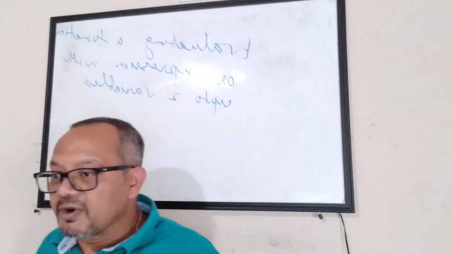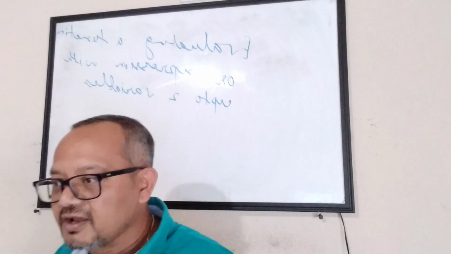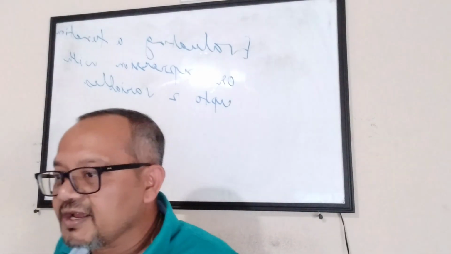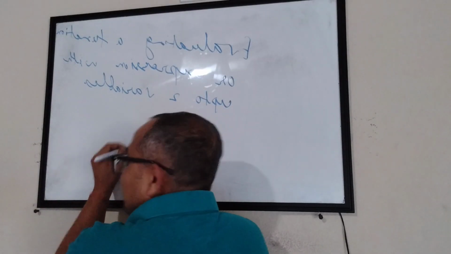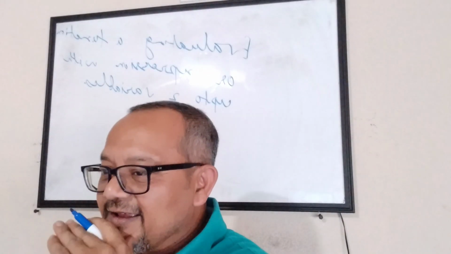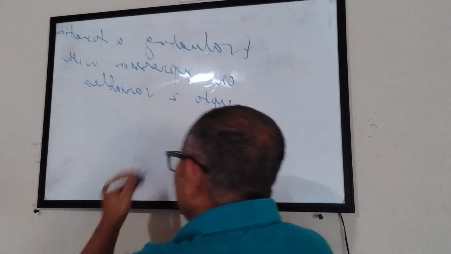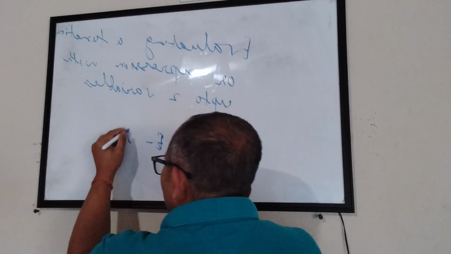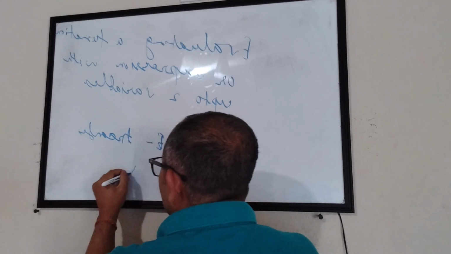When we talk about evaluating a function, what does it mean? We have to evaluate. We have to find out the value. Like you have e-meeting, e-rickshaw, e-transfer. Everything is e. Right? Evaluate.